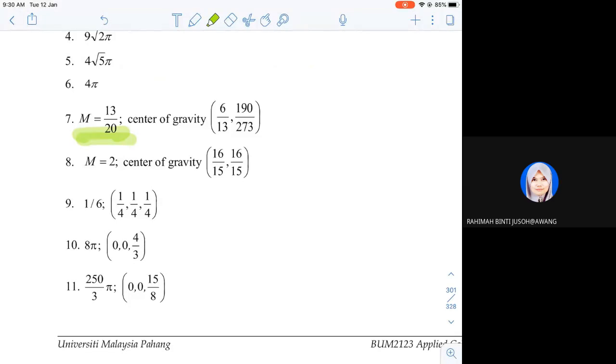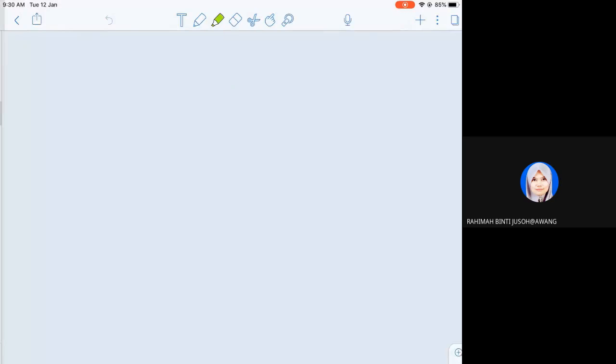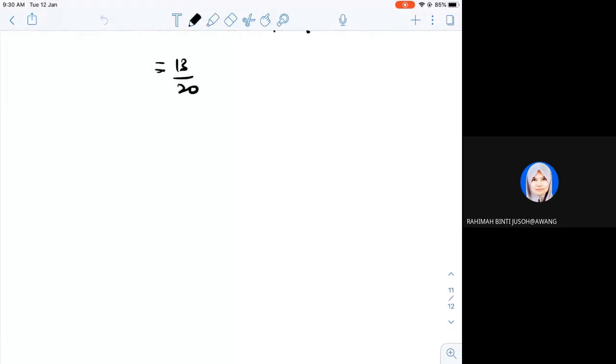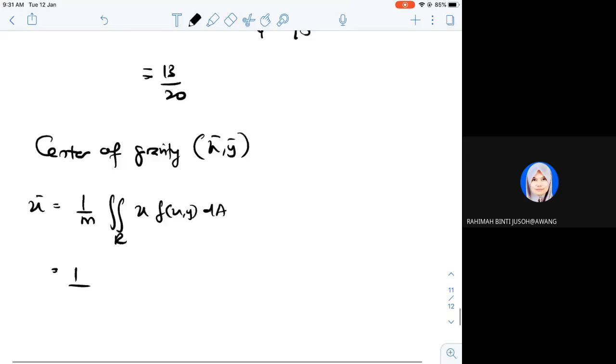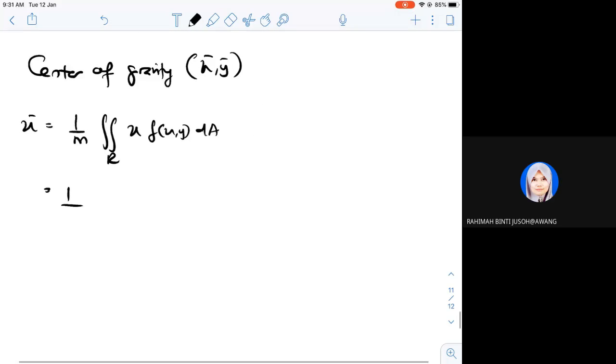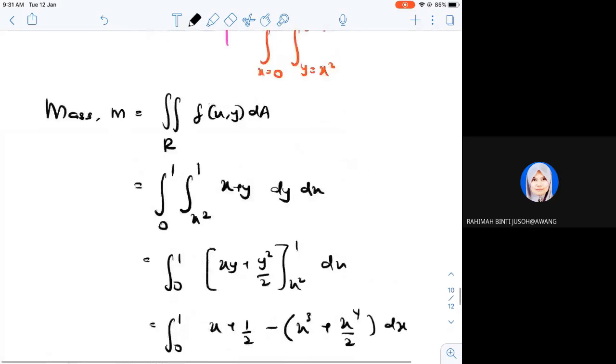Okay, good. That's the mass. Next, you have to find the center of gravity. So, let's find the center of gravity. X bar and Y bar. So, X bar, 1 over M, double integration over region R, x multiplied by the density function, dA. Okay, so 1 over M, what was M earlier? 13/20. So, 13 over 20. Multiply by, use the same limit as the previous step.